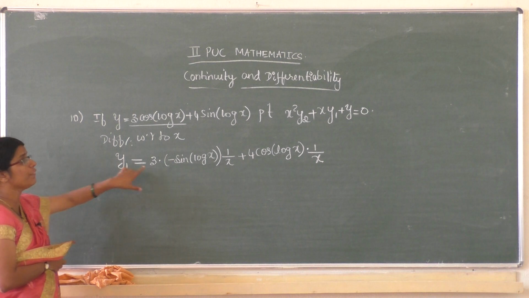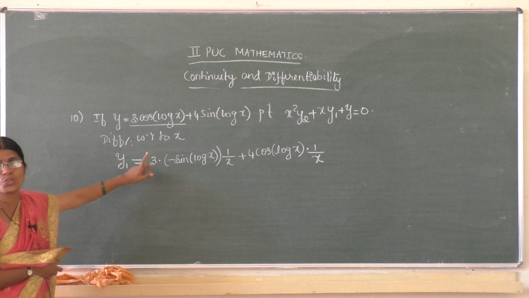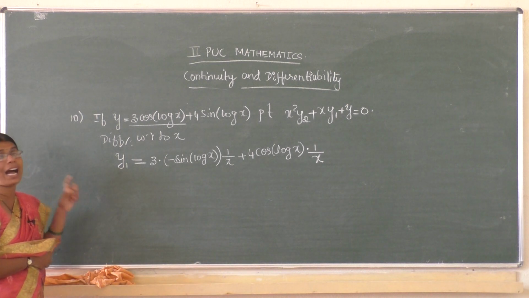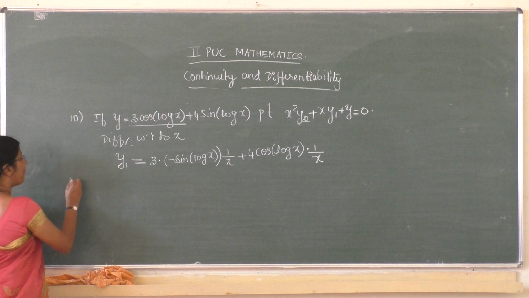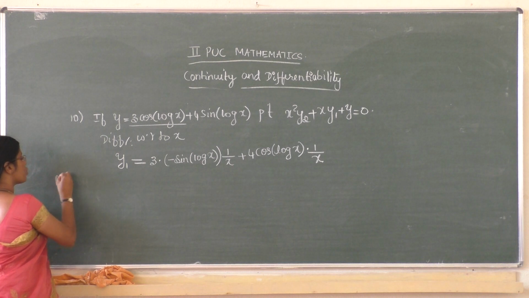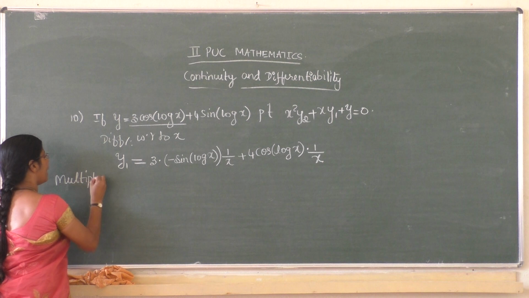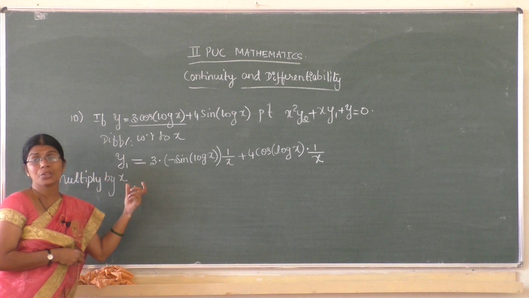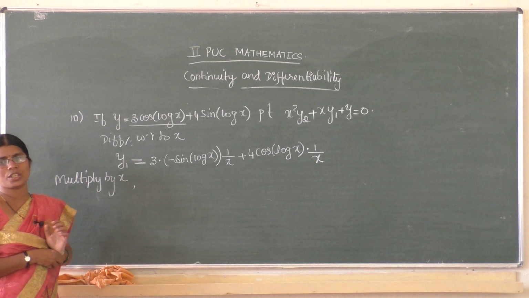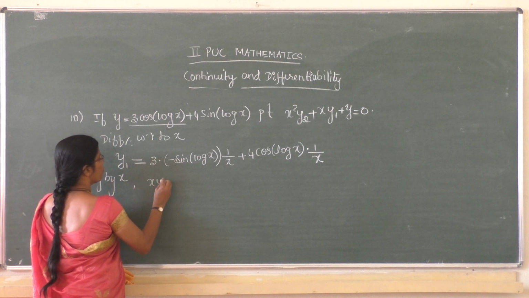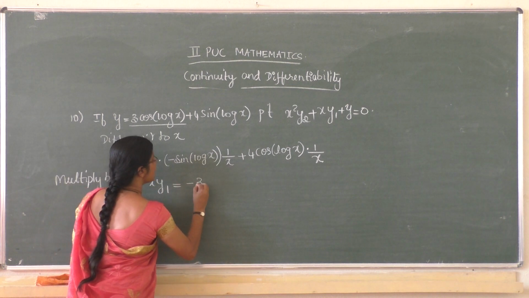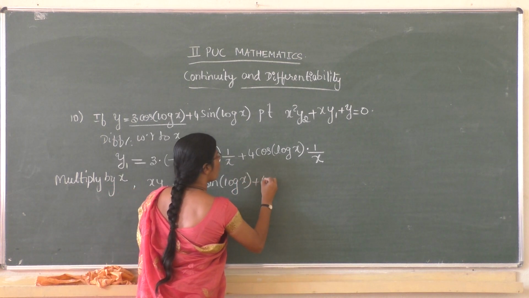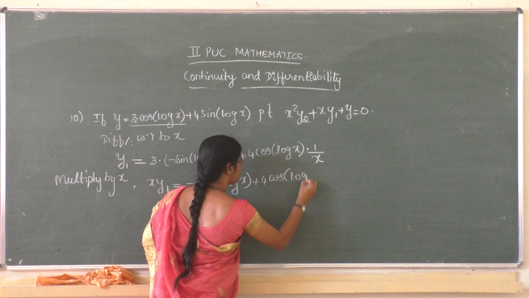If you directly differentiate, you have to apply the quotient rule two times. Instead, multiply the whole equation by x, because the product rule is a little easier than the quotient rule. So here we get x into y1 equals minus 3 sin log x plus 4 cos log x.